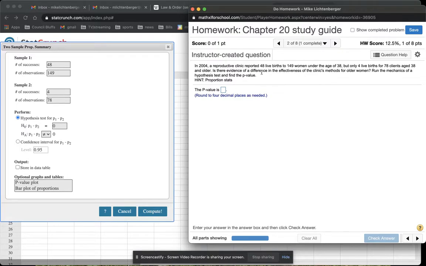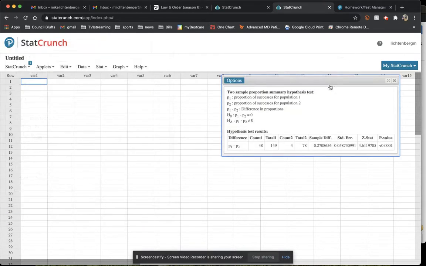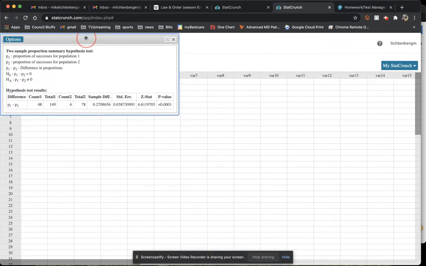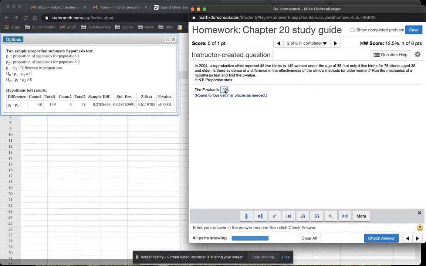Is there evidence of a difference in the effectiveness of the clinic's methods for older women? That does not imply less than or greater than, so I'm going to leave it as not equal to. And we're going to look at the p-value. If I round it to 4 decimal places, it's going to be 0.0001.